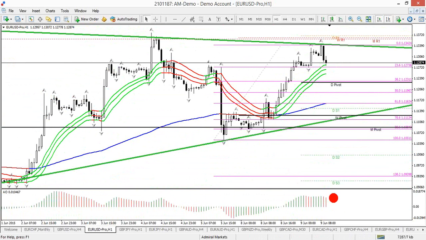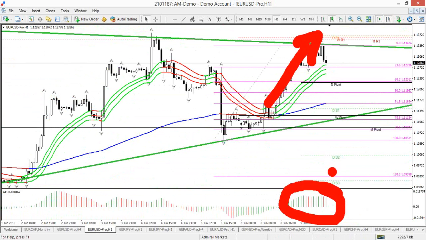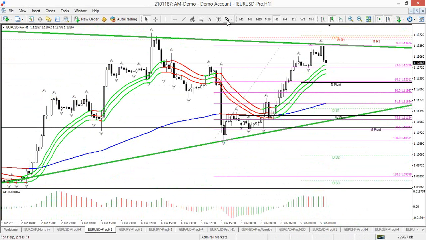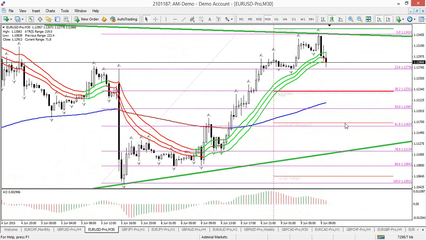Another way could be to wait for this oscillator to hit the third red bar, which will be soon. That could be another signal that this particular momentum is over. Another way could be to use the Camarilla. I know there are a lot, just summing up all the things that I can see as potential ways to tackle an entry, that's all.